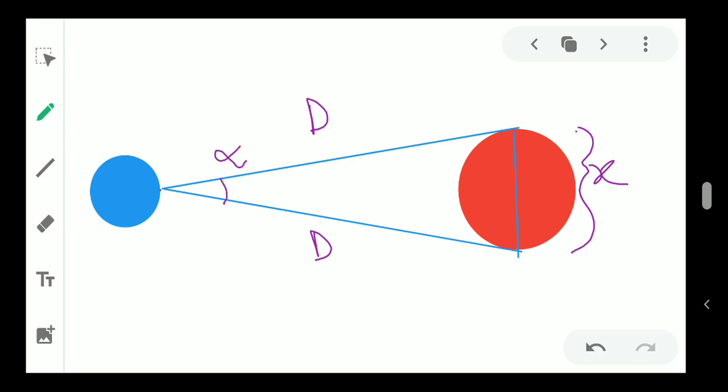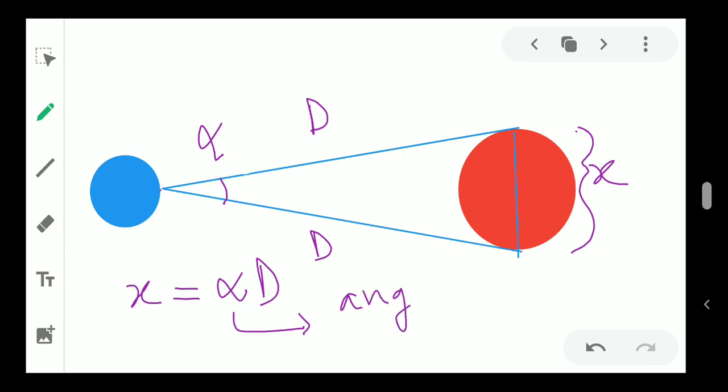If I say this is alpha, then alpha is my parallax angle. Again I can use the same method: x equals alpha into D. Since you already know D, you can easily find the diameter. This alpha is called the angular size or angular diameter.